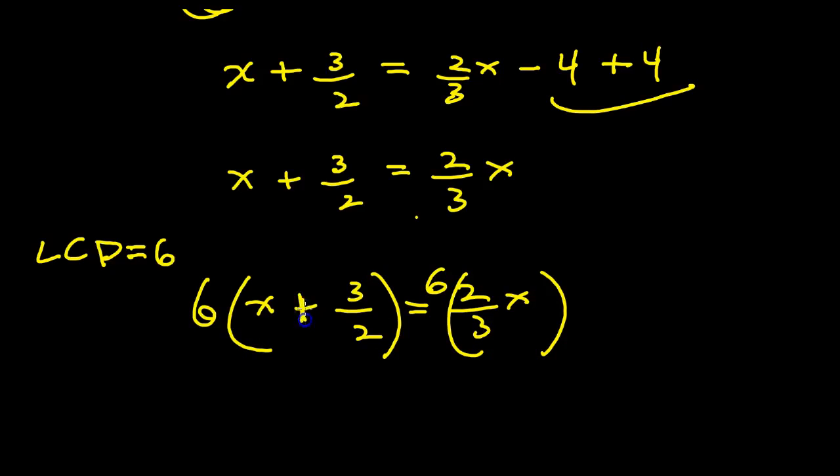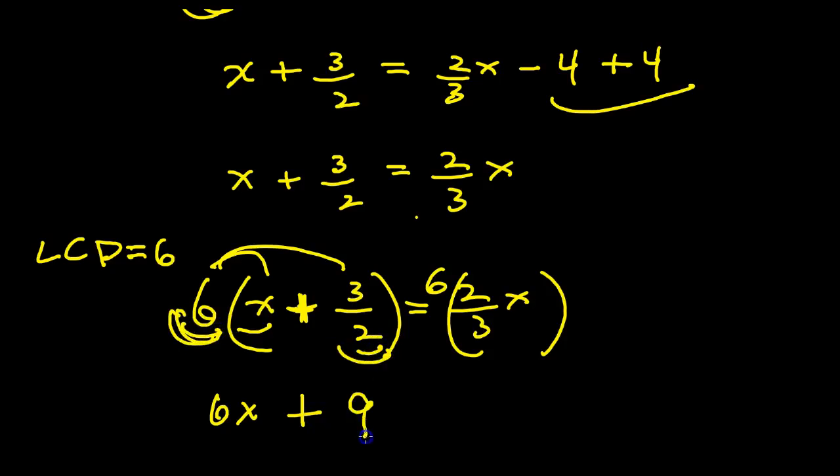On the left, you've got a sum, so you'll have to apply your distributive law. 6 times x is 6x, plus 6 times 3/2. 2 cross cancels into 6 3 times, and 3 times 3 is 9. All right, so the left-hand side reduces to 6x plus 9.